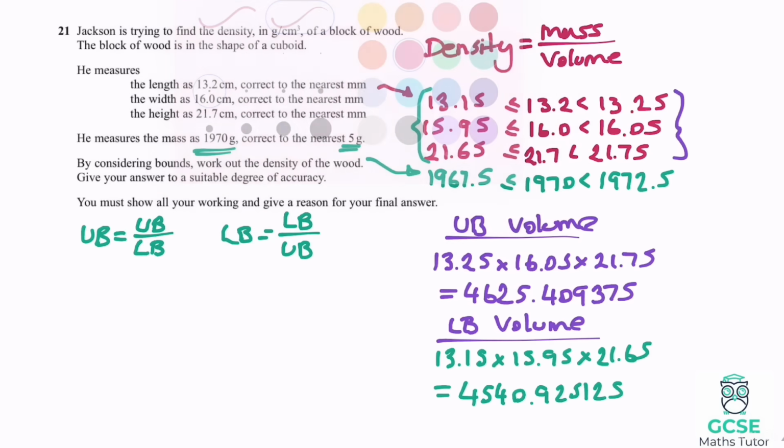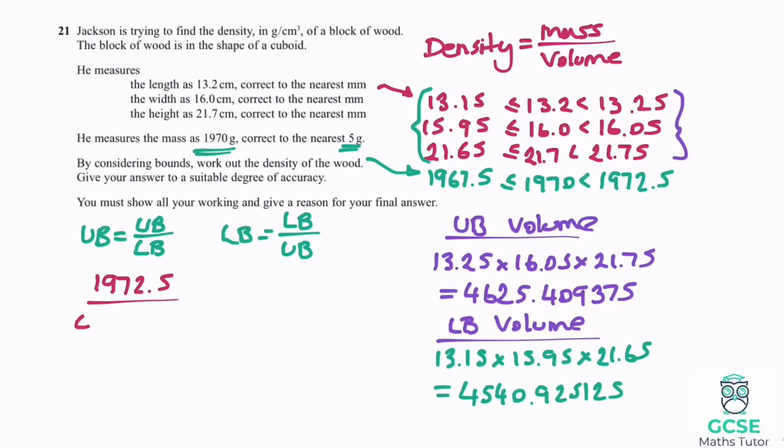So if we plug all these numbers in and see what we get, the upper bound of the mass is 1972.5, and the lower bound of the volume is 4,540.925125. And if you type that into your calculator, you get 0.434382. I'm not going to write any more down for the moment, although you should really write them all down.